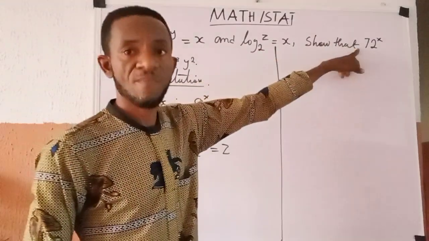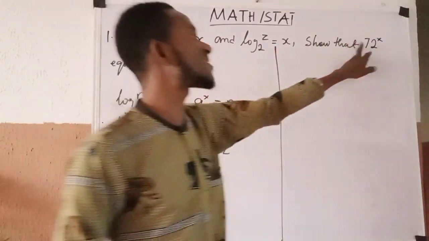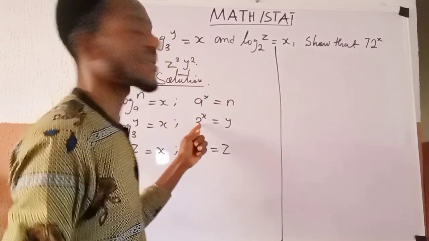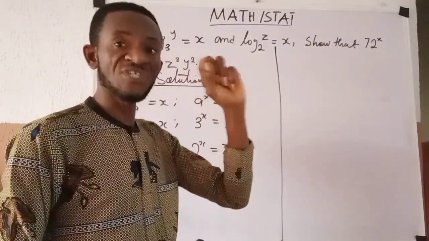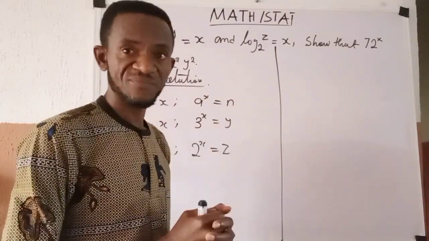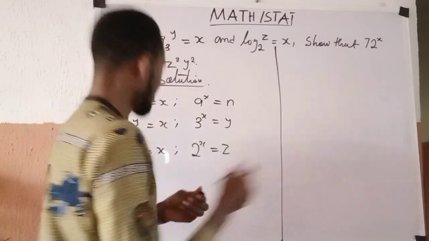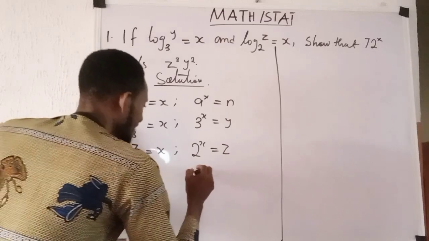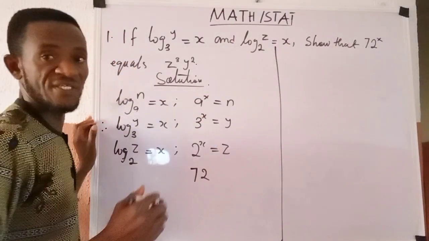So here are we. The next question becomes, what do we do to this 72, so that we can have something that looks like 3 and something that looks like 2? It is all on that condition that we can navigate our way out of this particular problem. What we are going to do quickly is to remind ourselves that if you have 72, let us leave the x the way it is.